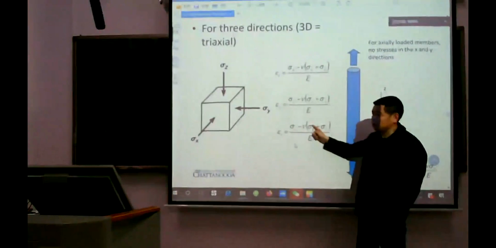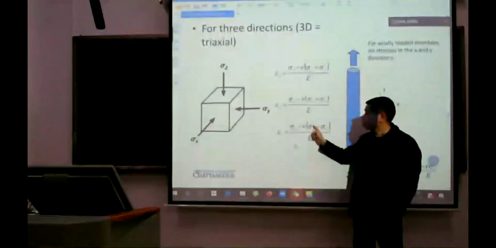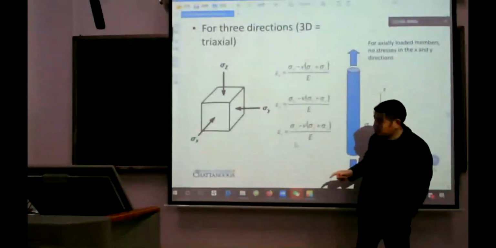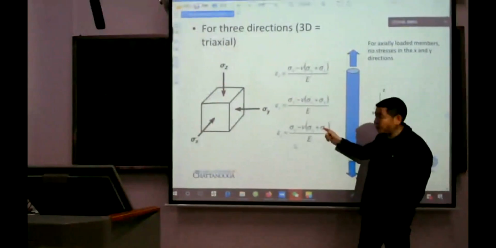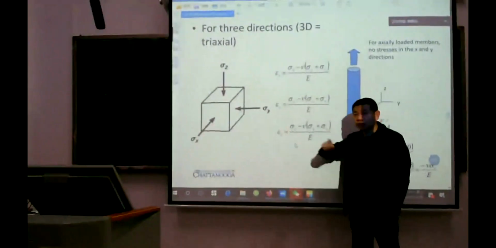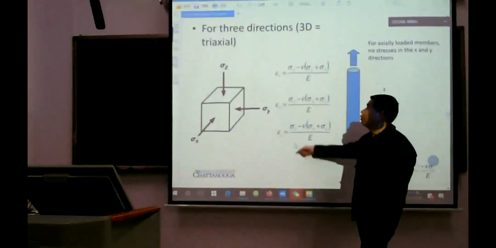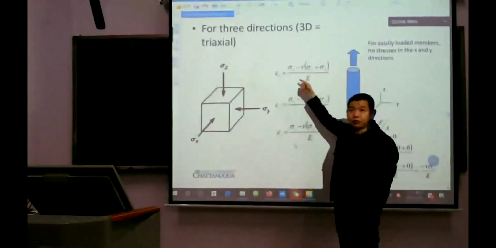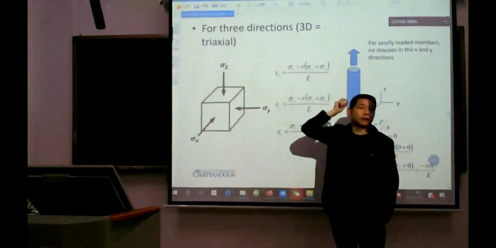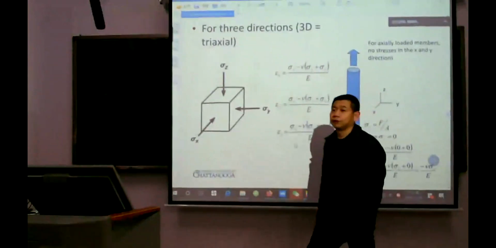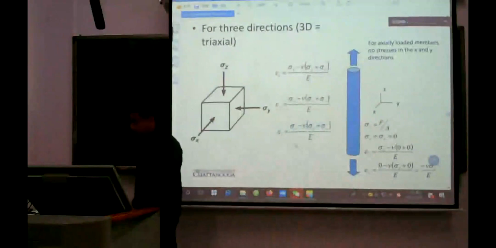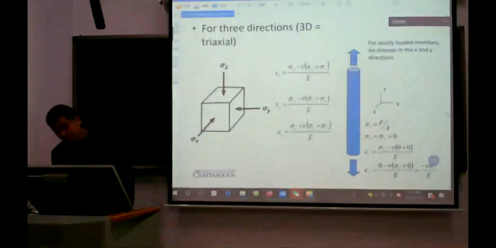Because of sigma x in the direction, there is a strain. Because of sigma y in the direction, there is a strain. That's that. So we call this relation the generalized Hooke's law.